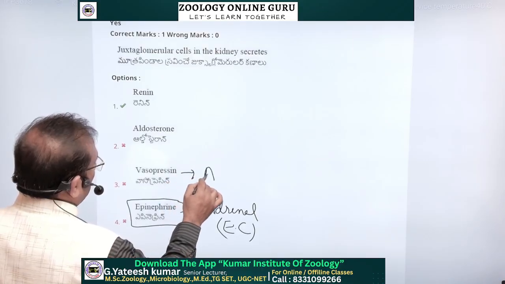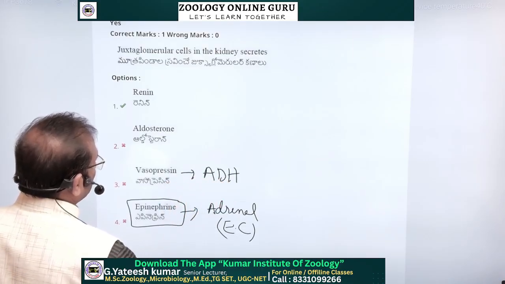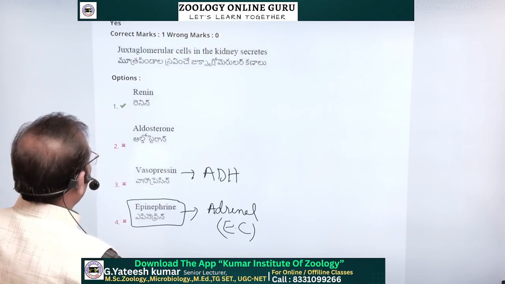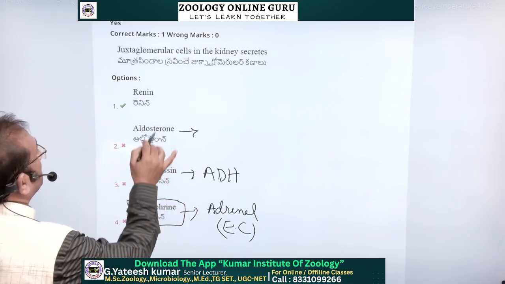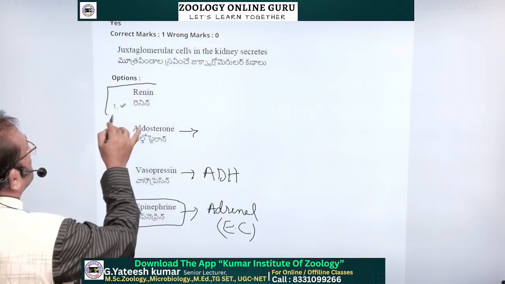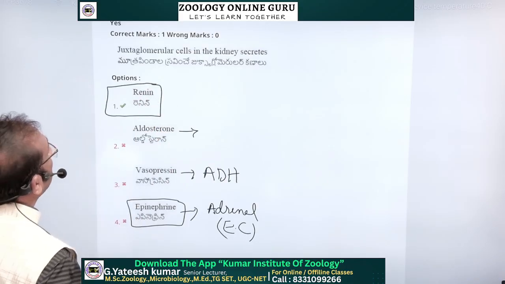Vasopressin is also called ADH, antidiuretic hormone, and then aldosterone. These hormones are there, but the juxtaglomerular cells secrete the hormone renin.